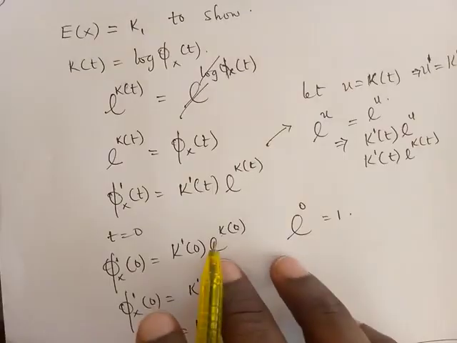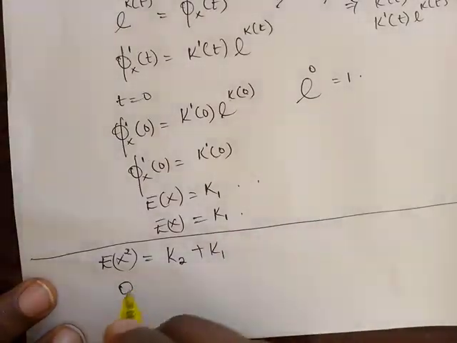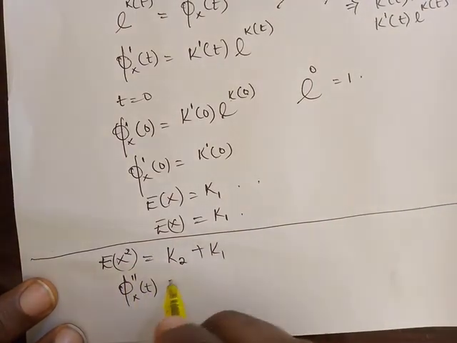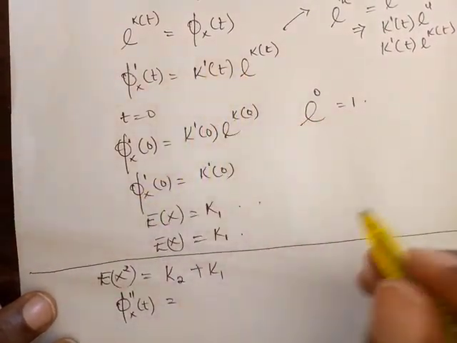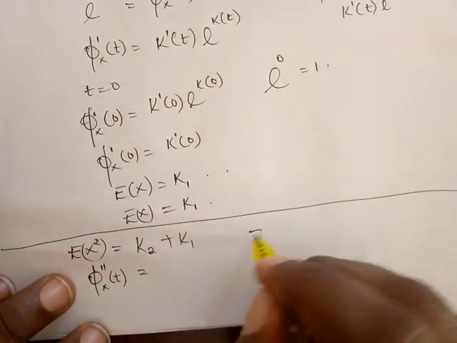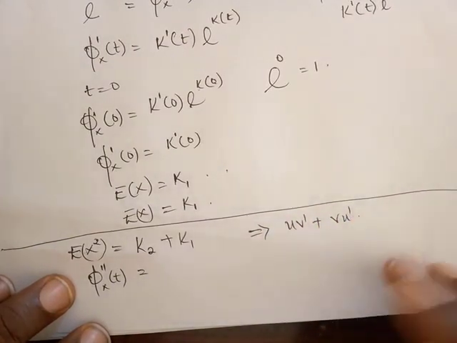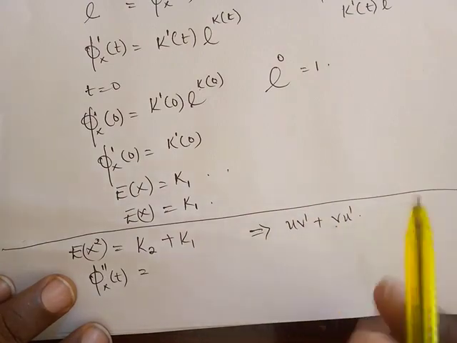If we differentiate this the second time, we're going to have phi double prime X of t is equal to, now differentiating this using our product rule. Product rule is u v prime plus v u prime. So we'll keep this, differentiate this, keep this, and differentiate this.